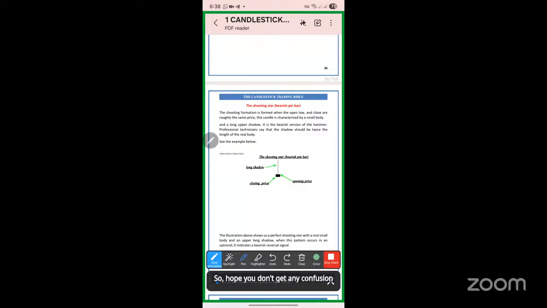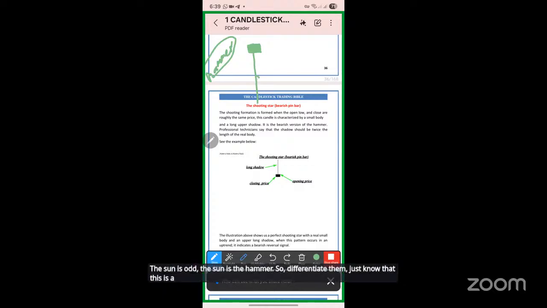So the hammer is like this. The hammer is always like this, it has a moderately small body with a long lower wick. So this one is a hammer. To differentiate them, just know that this is a hammer.